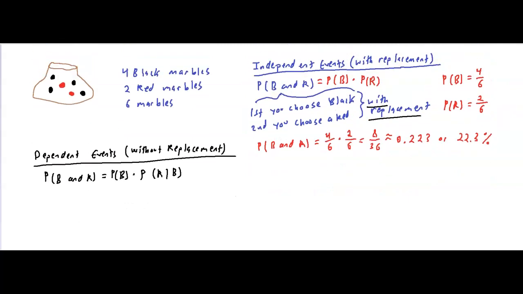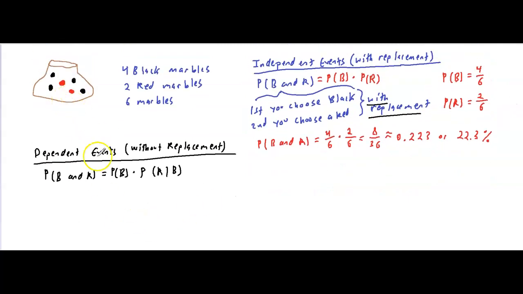Let's keep our marbles up there. First I choose a black. Let's plug this in. The probability of a black was 4 out of 6.